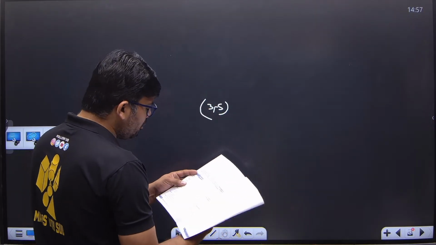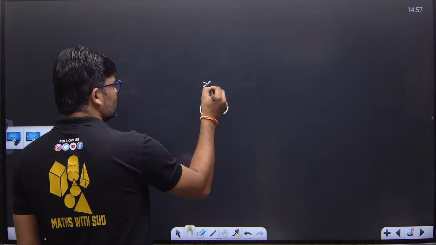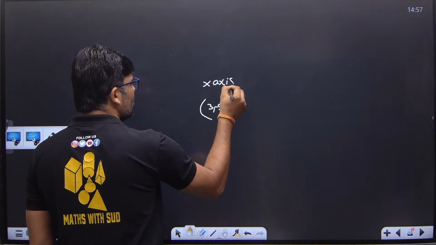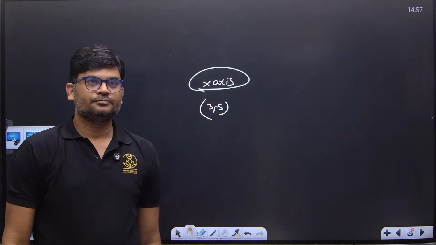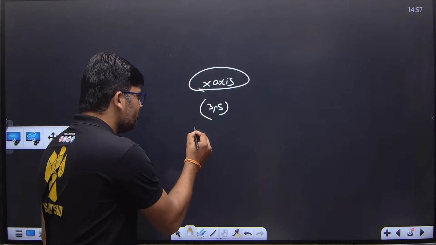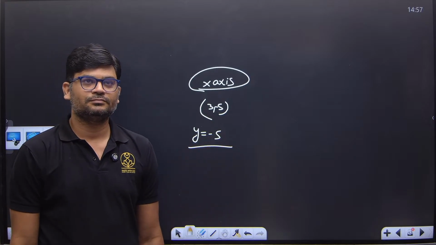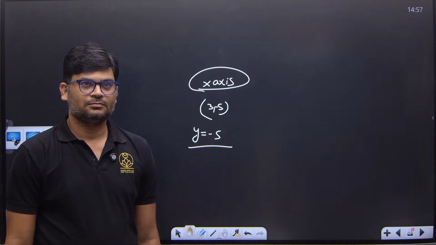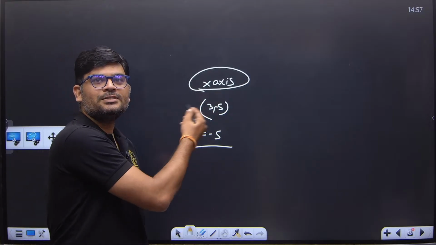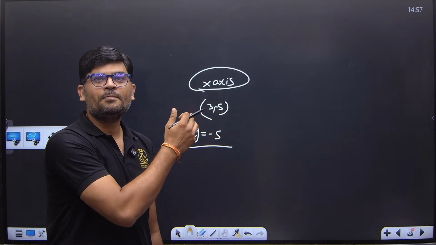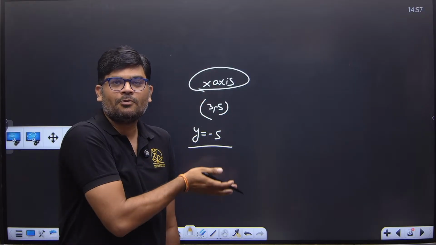It is passing through (3, -5), and it is parallel to which axis? X-axis. If it is parallel to x-axis, which part are you not moving on? Y. So the equation will be y is equal to -5. Because the same line is passing through this point, it will only pass if you have fixed y as -5, or else it will just pass above or below this point.